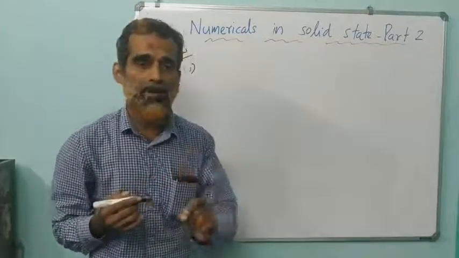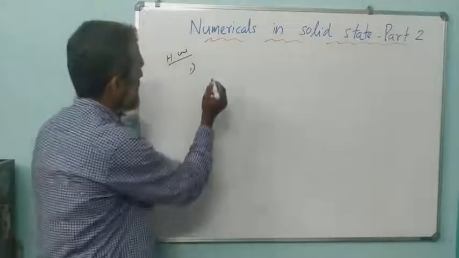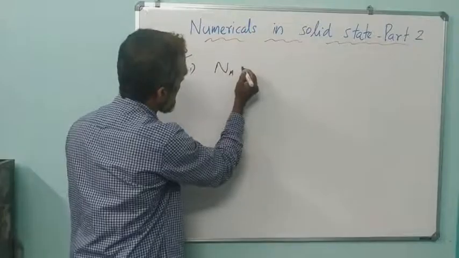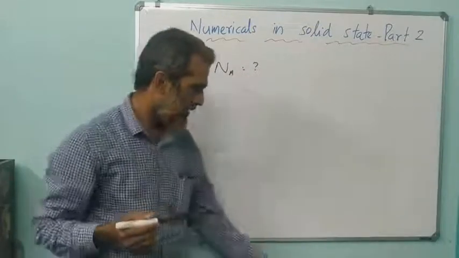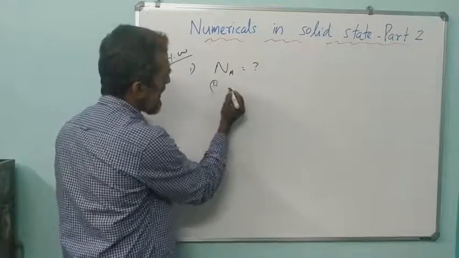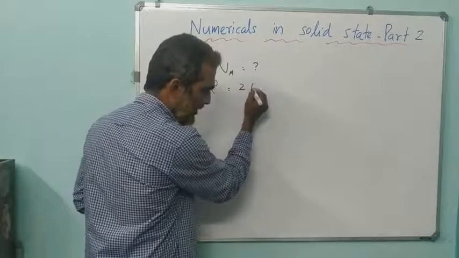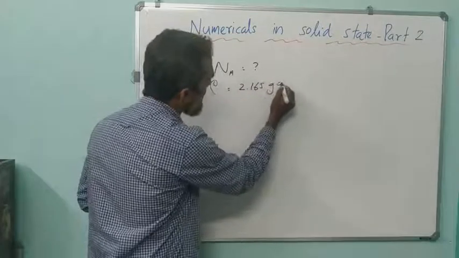Calculate the Avogadro number from the following data. You have to calculate the Avogadro number using the data given. The density of NaCl, sodium chloride, which is the crystal under discussion, is given to be 2.165 gram per centimeter cube.